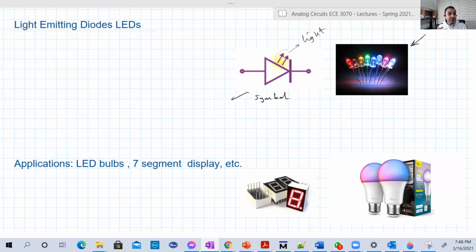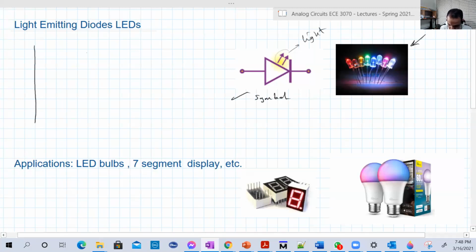So how does this happen? It's based on the energy band diagram. If we go back to the energy band diagram that we discussed in our first lectures about the diode or semiconductors in general, we said that there is a valence band and a conduction band. In the valence band we usually have holes, and in the conduction band we usually have electrons.